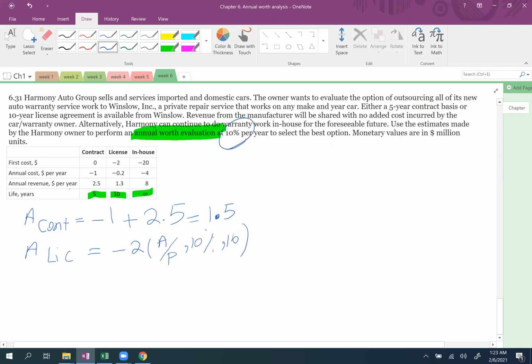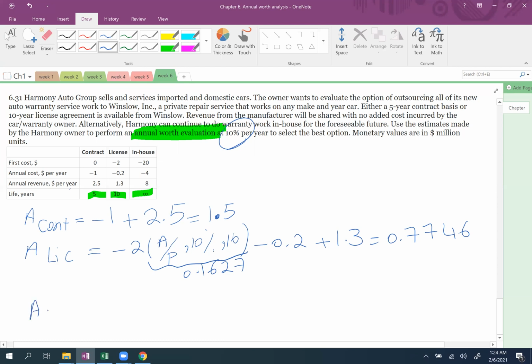Over the course of 10 years, you have annual cost, which is already given per year, which is negative 0.2. You have annual revenue, which is again given per year, which is 1.3. So if you do the math and you actually find the value from the table, it will be 0.27. And finally, this answer will be 0.7746.